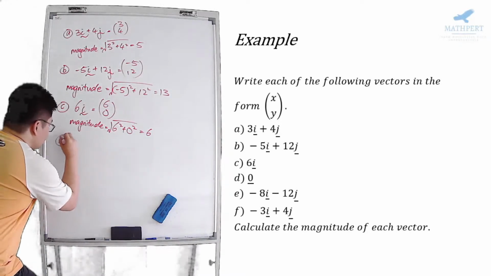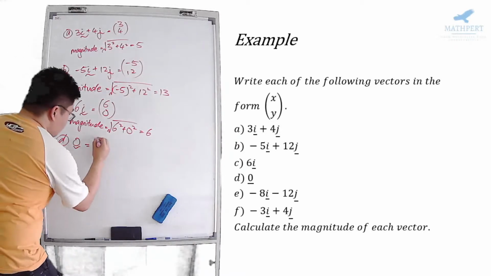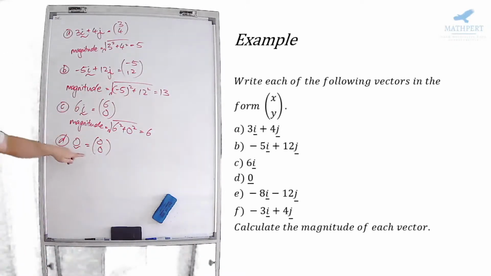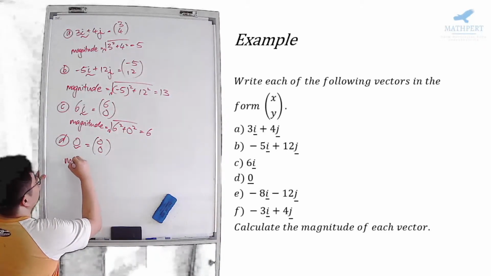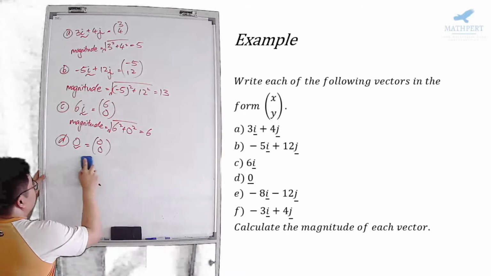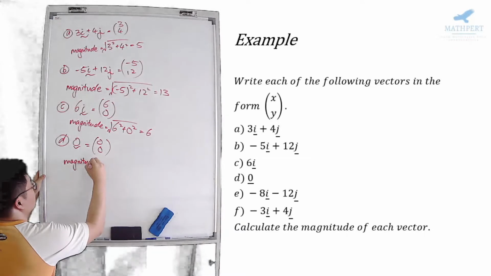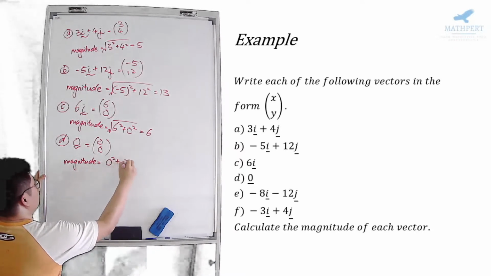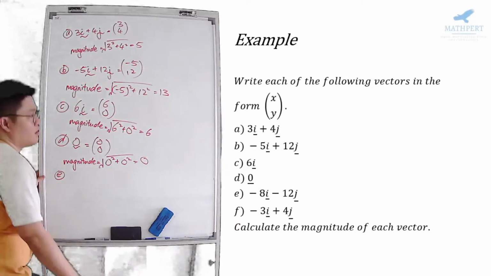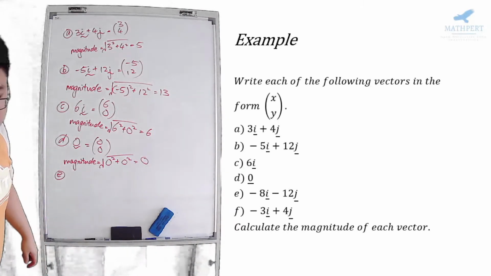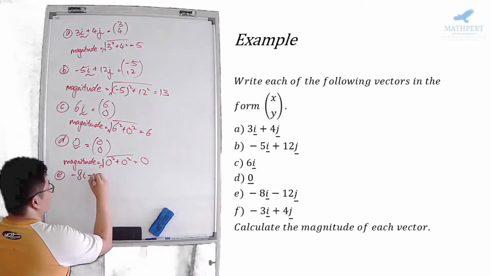D, 0 vector. So this is the form 0, 0. It is the origin. So the magnitude will be 0 square plus 0 square, which is 0. E, negative 8i, negative 12j.